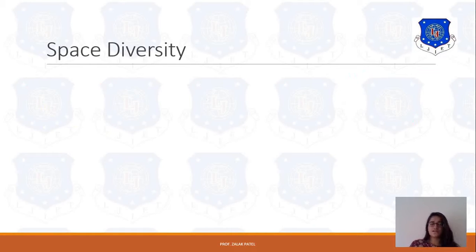Now let's discuss space diversity. Space diversity is also called the antenna diversity technique, because it is affected by what type of antenna is used at the receiver side.